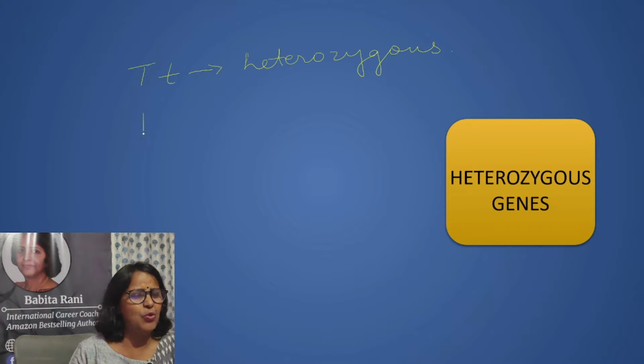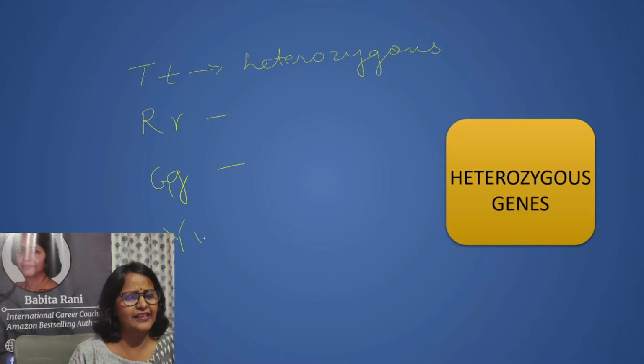Let us take few more examples. Capital R, small r, capital G, small g, capital Y, small y. This is yellow color of seed.